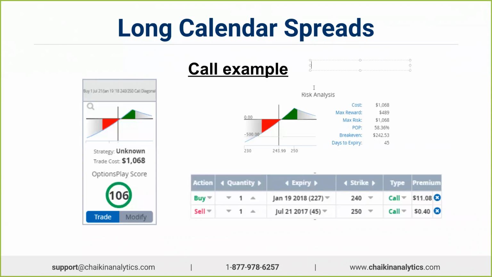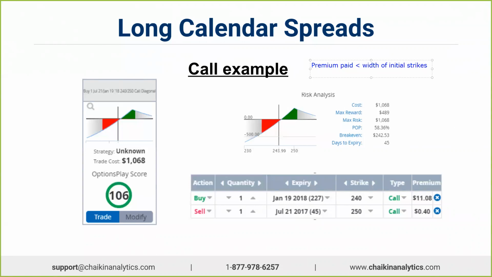Ideally, we want the premium paid to be less than the width of the initial strikes. Well, you're only going to pay the premium the first time, and then you're going to start receiving it.